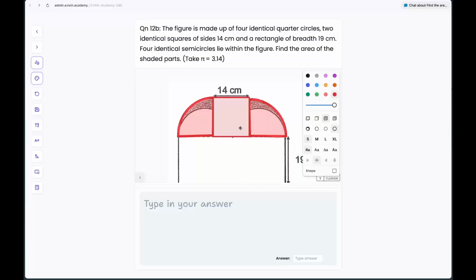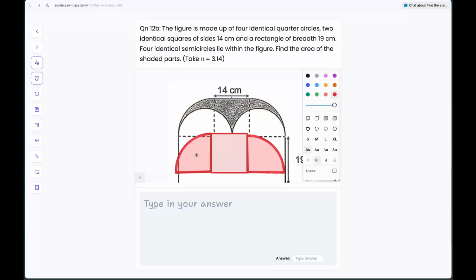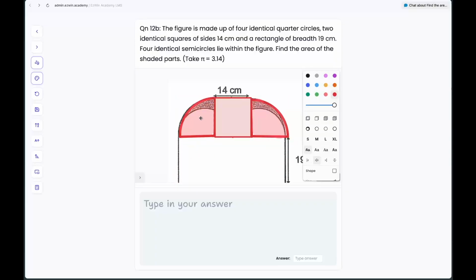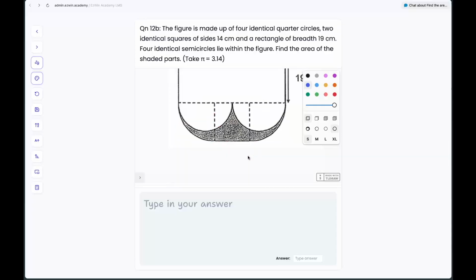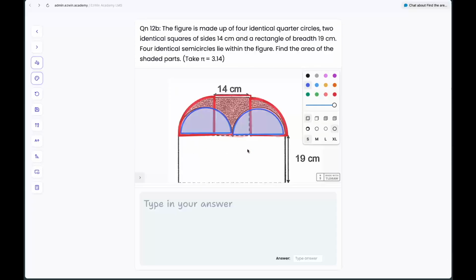Once we have that, if we find this whole area, then we can find the semicircle, and then we just minus off the unshaded semicircle to get the shaded part. Then once we find one shaded part, we can find 2 shaded parts, which is the total shaded parts.